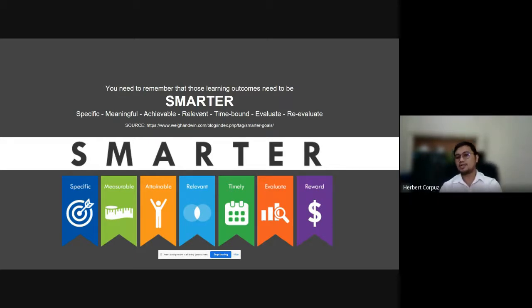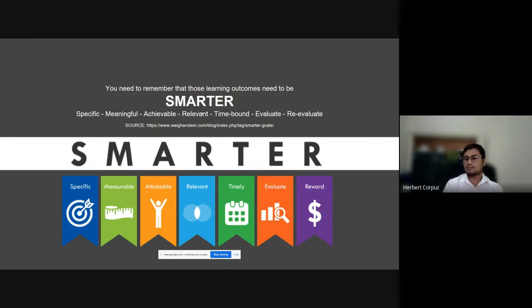When you say timely or time-bound, they can do the activity in a pre-identified duration of time, and we can evaluate the said outcome. When you say evaluate, this outcome should actually provide us a quality judgment as regards student learning. And we can also re-evaluate this learning outcome.